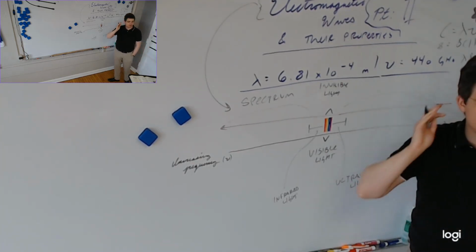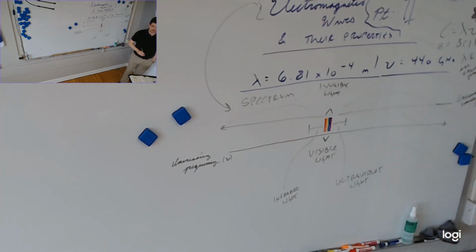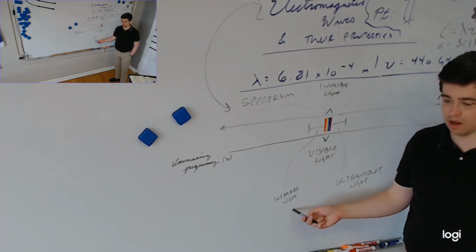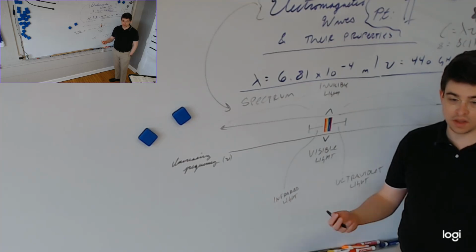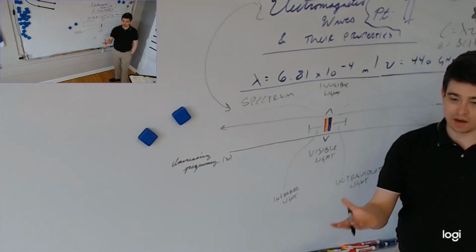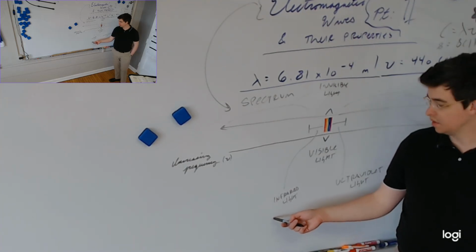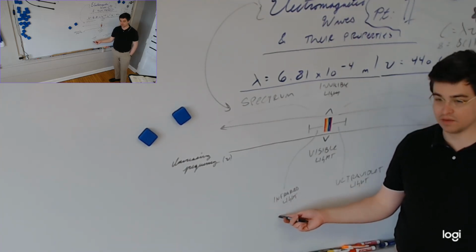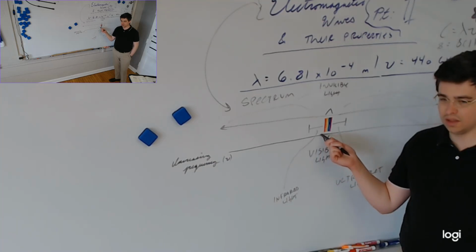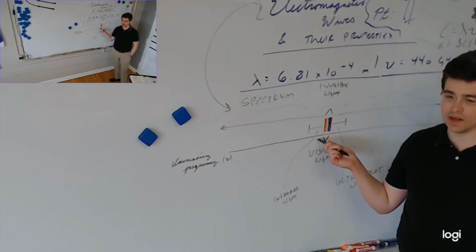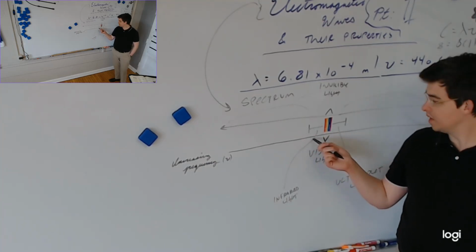Some military or some really avid hunter might have infrared goggles to be able to see things at night, that could see human or animal body heat, because all of us emit infrared, all mammals emit infrared light. You emit a little bit of visible light, but not nearly enough for our eyes to detect. But mostly the light that you emit is infrared light.